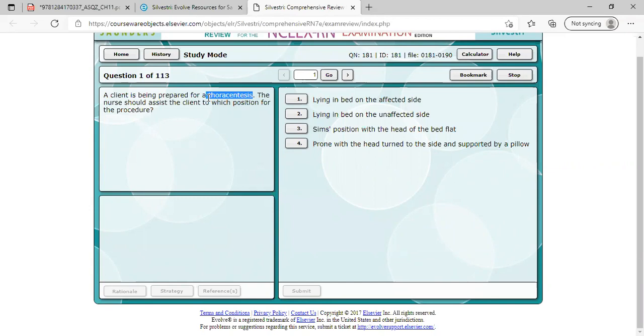The examiner asks, the nurse should assist the client to which position for the procedure, right? Number one, patient lies down in bed on the affected side. Number two, patient lies down in bed on the unaffected side.